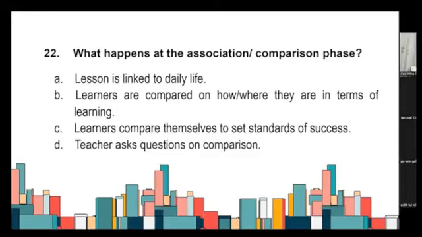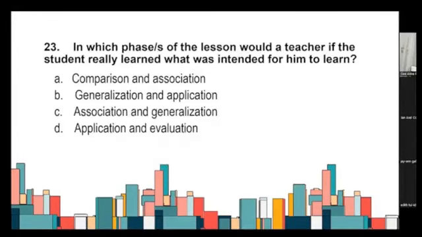Okay, so number 23. In which phases of the lesson would a teacher know if the student really learned what was intended for him to learn? Sorry for the typo.